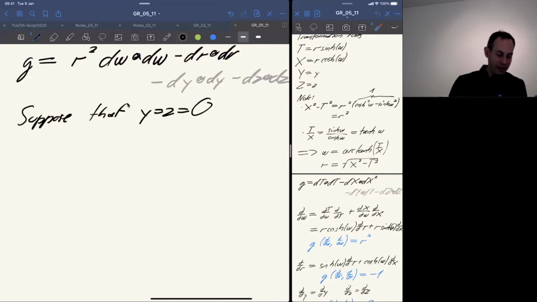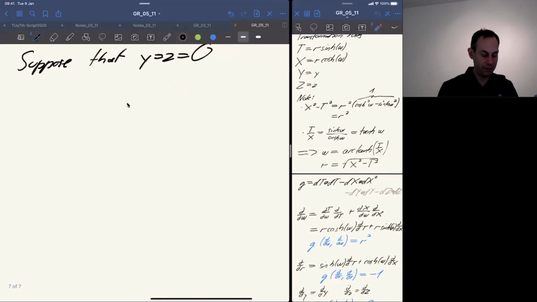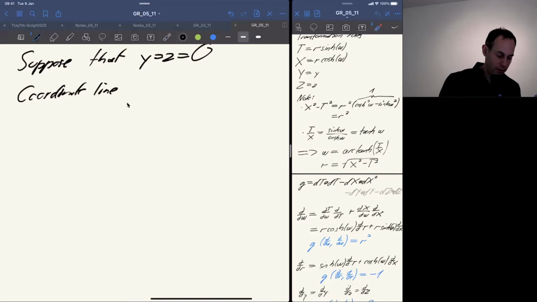This avoids ambiguities, so there's no movement in this direction in particular. Now, as I said, we look at coordinate lines or coordinate curves for fixed r.